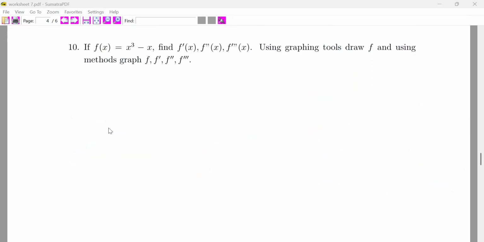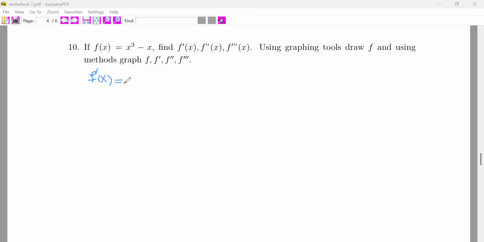It says if f of x equals x cubed minus x, and we are going to find f prime, f double prime, and f triple prime, which is the derivative number 3 of x. So again, we are going to follow the formula of f prime.